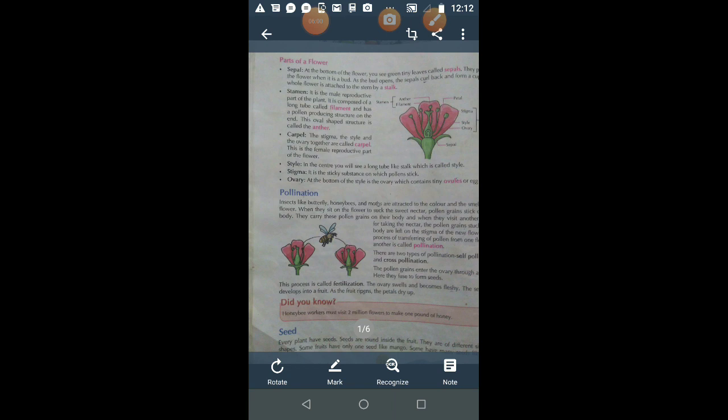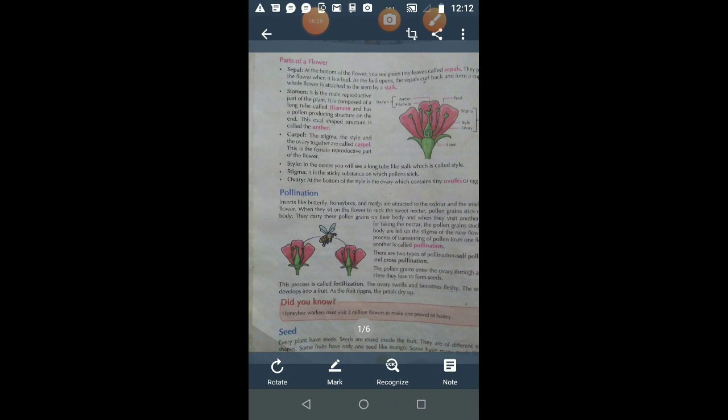When you are able to write this answer, it means your concept of sepal is totally clear. Next, you draw petals of a flower. Again write in front of the petal what is the role of petals in the flower. In this manner, by drawing the diagram, your understanding becomes better.